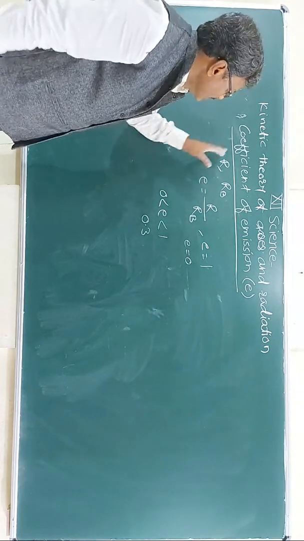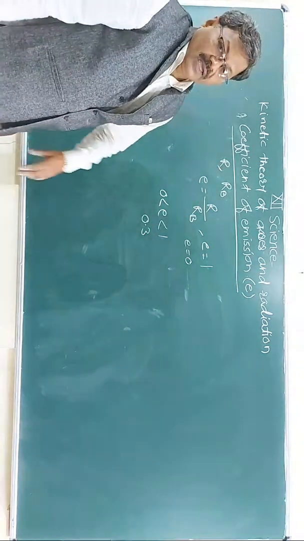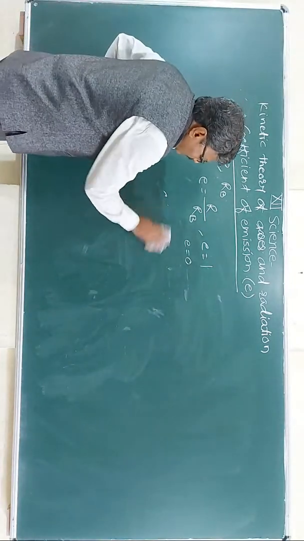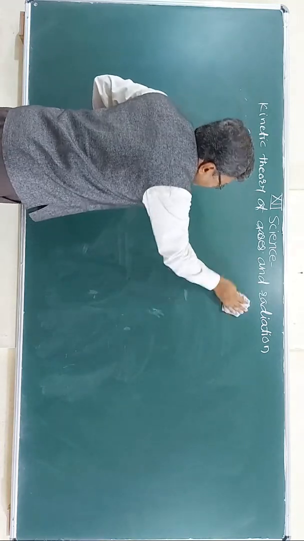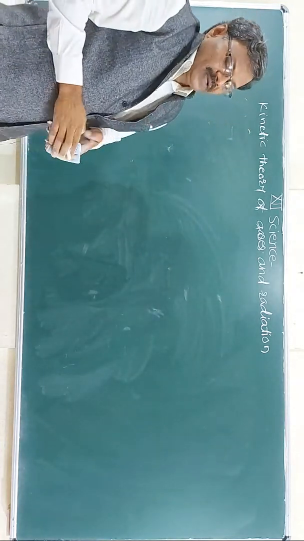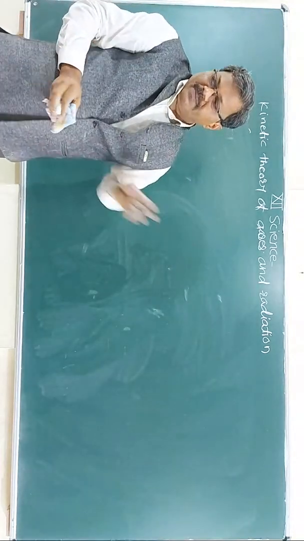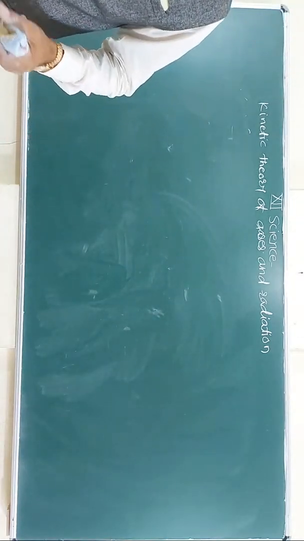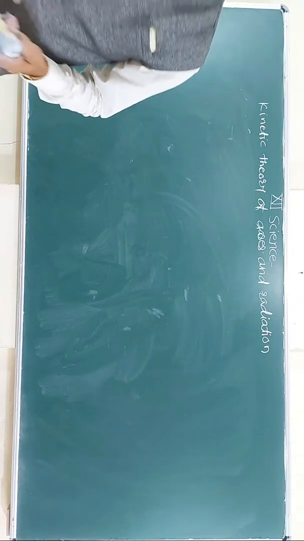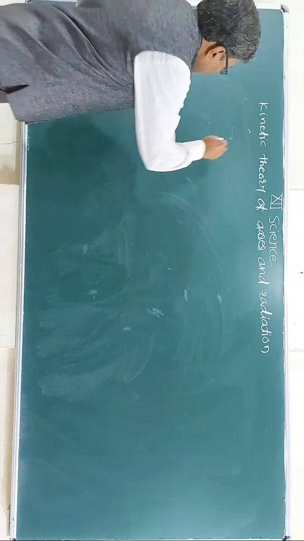Thus this is about the coefficient of emission. Now we are going to obtain the relation between the coefficient of absorption and the coefficient of emission, and it is given by Kirchhoff's law. Now we are studying Kirchhoff's law of heat radiation.